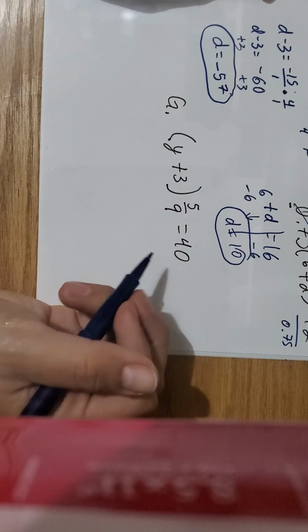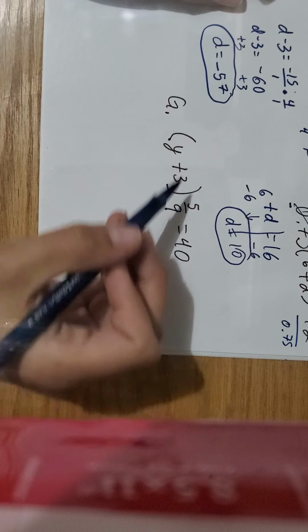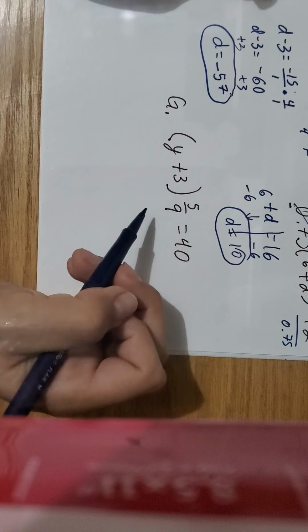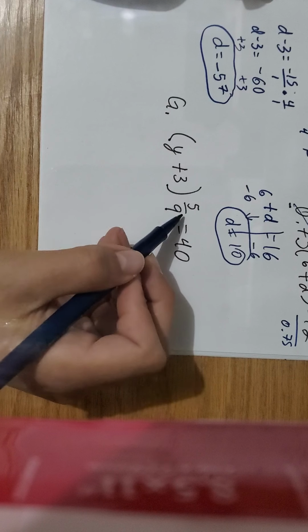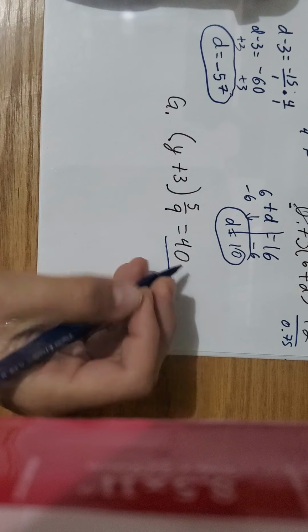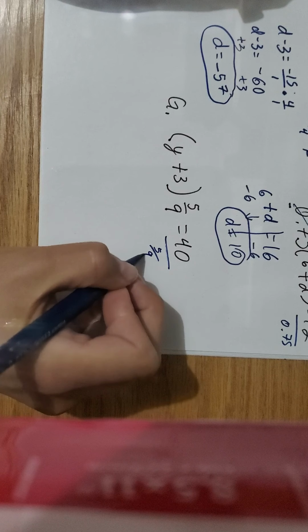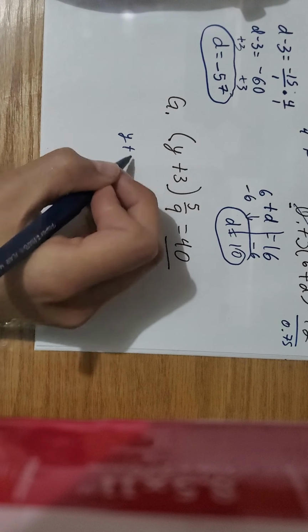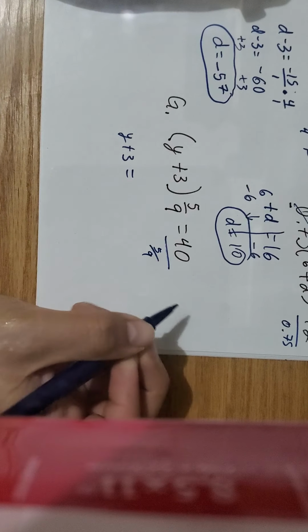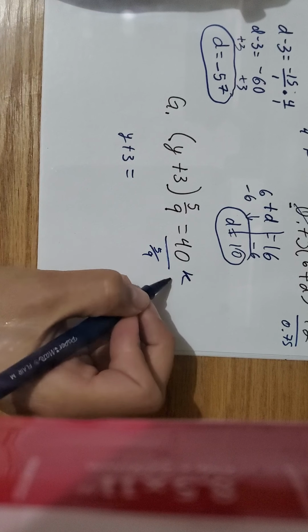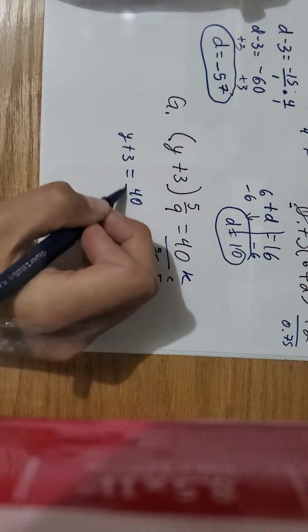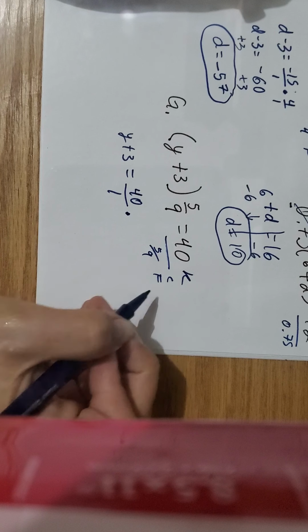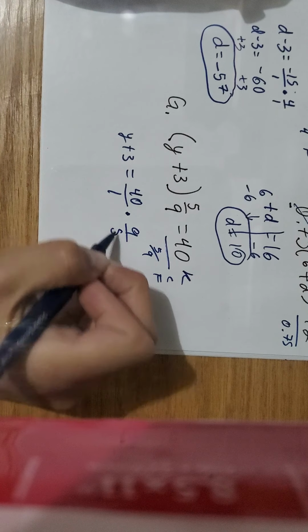Okay, on this one, yes, they did switch the sides of where they had the multiplication, but it's still a multiplication going on. So you can still do division of 5 over 9, giving you just y plus 3 equals, keep, change, flip, 40 over 1 times 9 over 5.